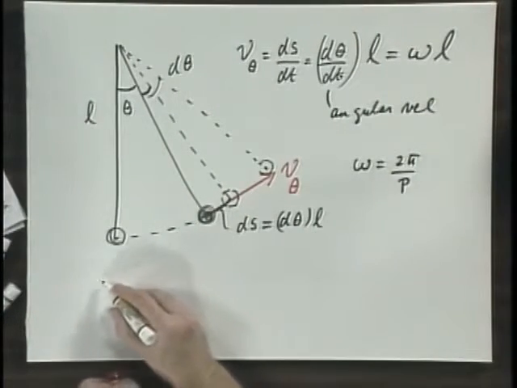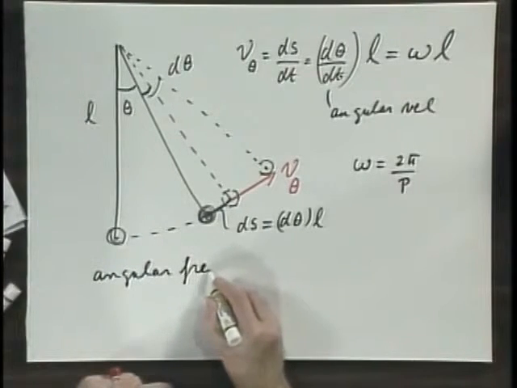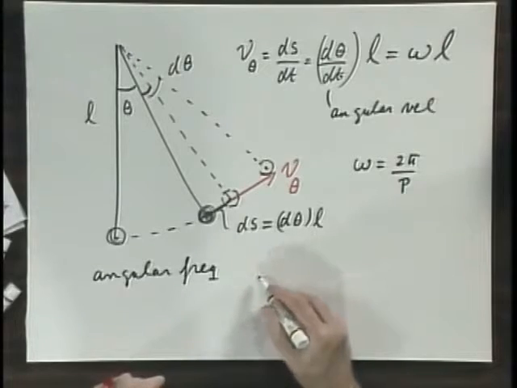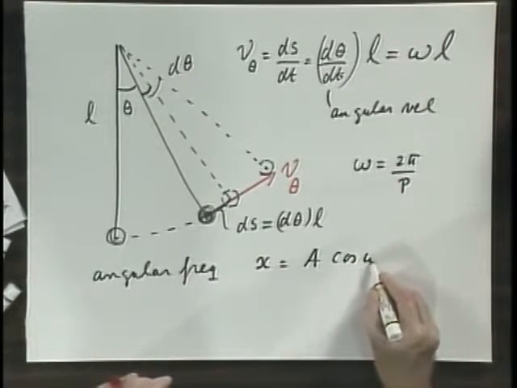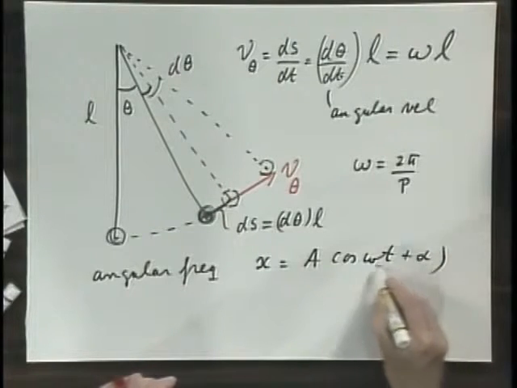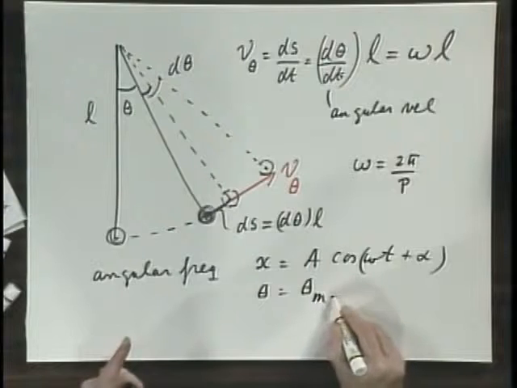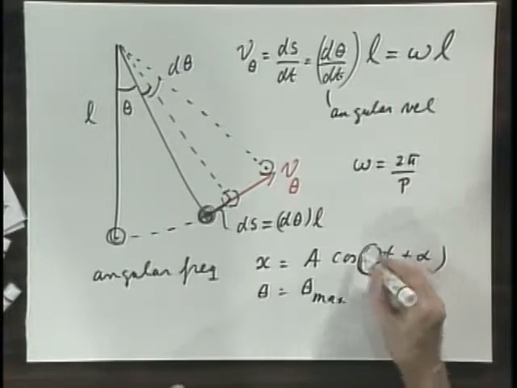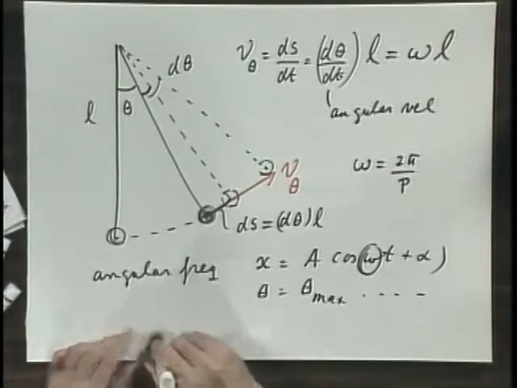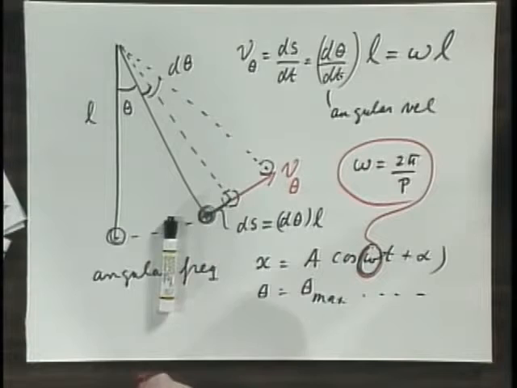Now the angular frequency. The angular frequency shows up in the equation x equals A times cosine of omega t plus alpha, or if you want to write it in theta, you can do that as well, of course. It's the same thing. This omega is called angular frequency, and this omega determines the period of the oscillation.